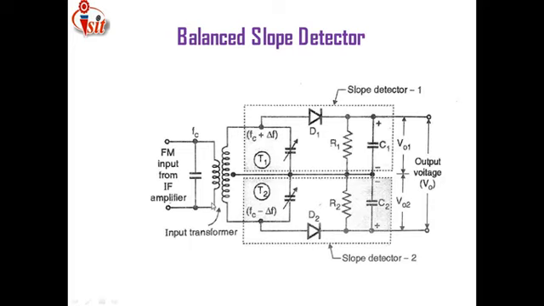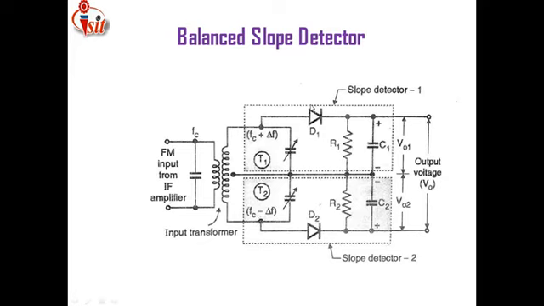Here we have used a primary transformer as an input, and here we have applied an input to the secondary transformer. But for applying the input to the secondary transformer there is only one change: here we are applying Fc plus del F and here we are applying Fc minus del F, related to secondary transformers T1 and T2.